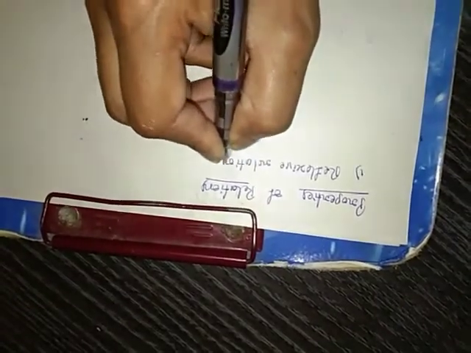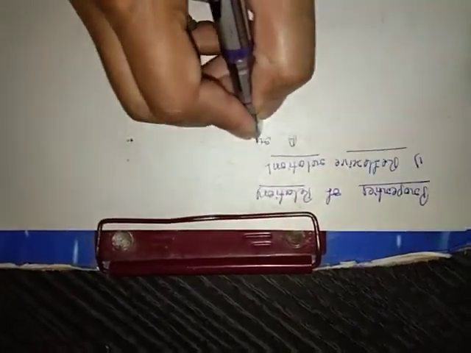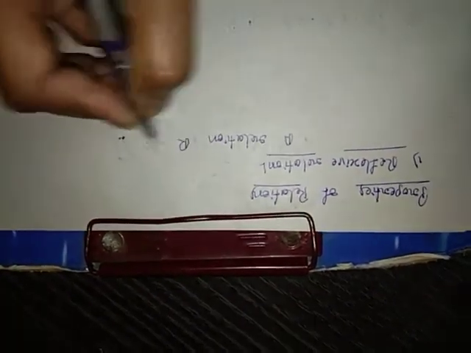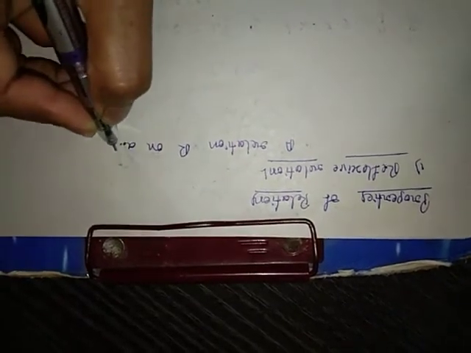A relation R on a set A is said to be reflexive if (a,a) belongs to R for all a belongs to set A.